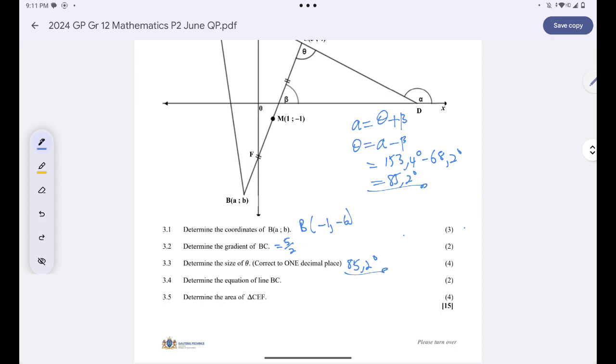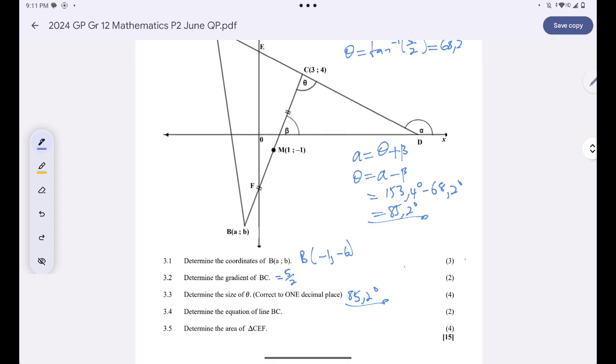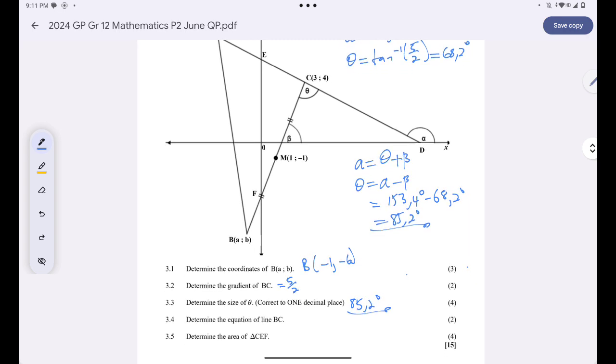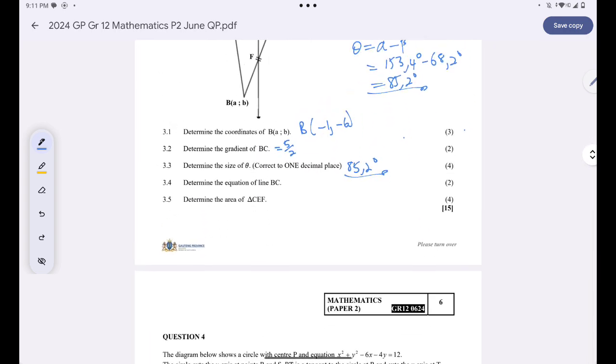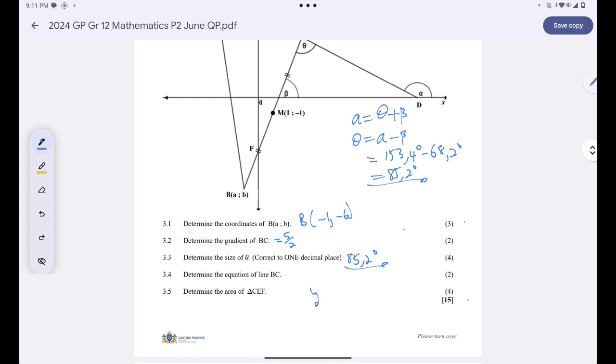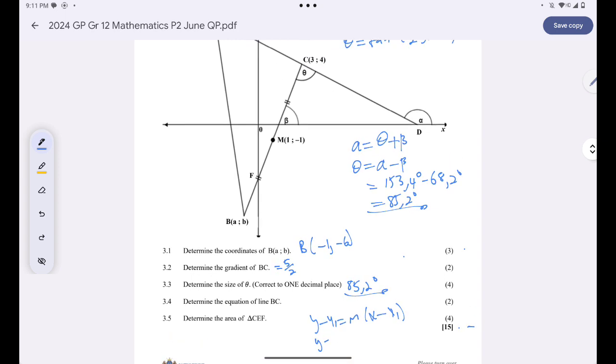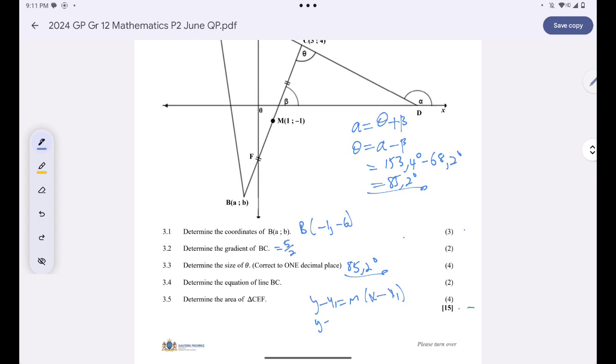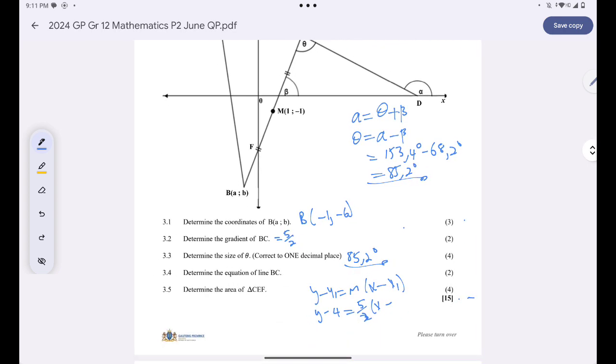Now they want me to find the equation of line BC. I'll simply use y minus y1 equals m times x minus x1. I like working with positive points, so I'll take point C. Y is 4 there. The gradient, we found it to be 5 over 2. And then the x value is 3.